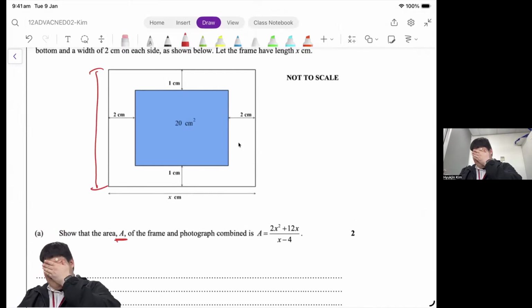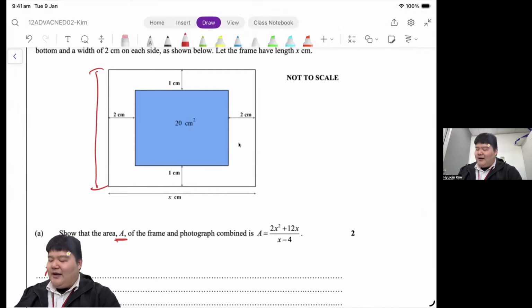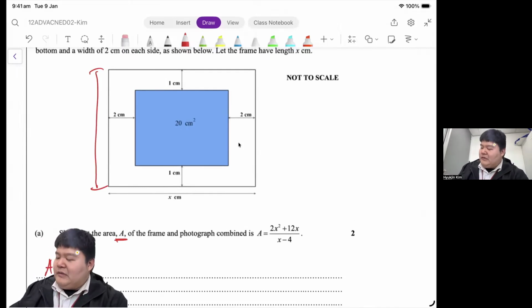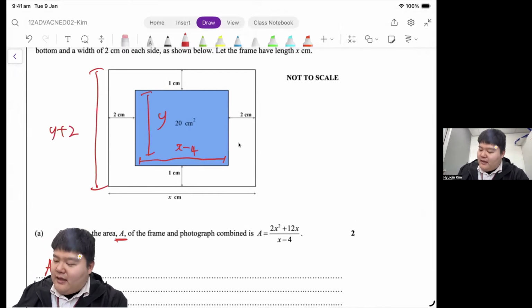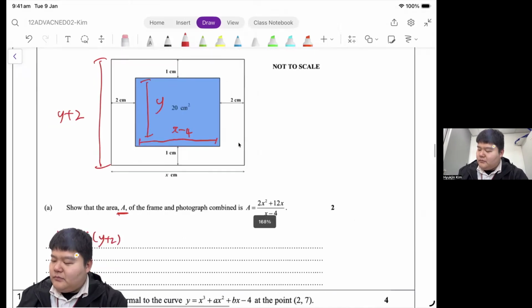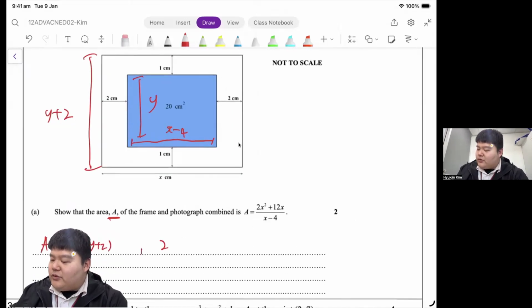But what I'm going to start by doing is just call this, as an example, I already know this is x minus 4. Why not call this y? Because I know then this would be y plus 2. And what I'm looking for is x times y plus 2. And I also know 20 equals y times x minus 4.